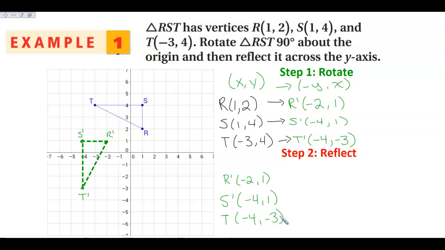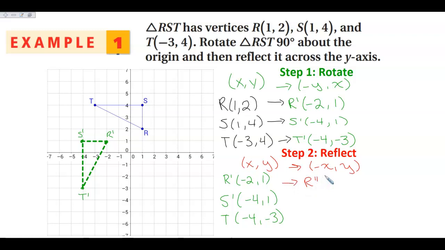Anytime you're doing a composition of transformations, you're always going to start with the one you just finished. The very first one uses the pre-image, then I get my second figure. My next reflection starts with this figure and then reflects. My rule for reflection over the y-axis is (-x, y), so I'm just negating that x value.